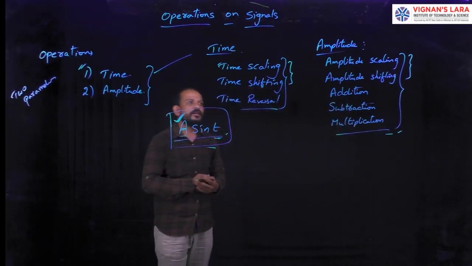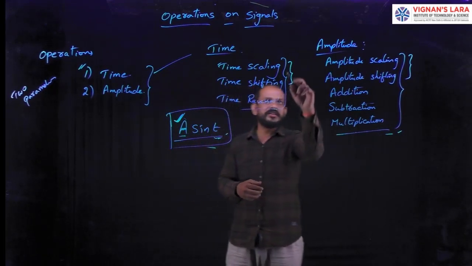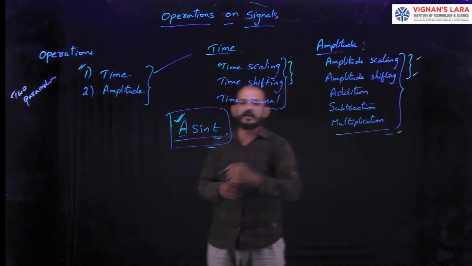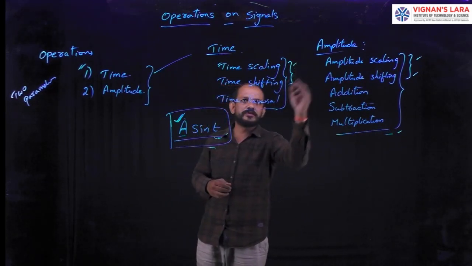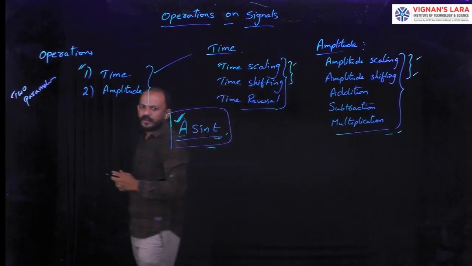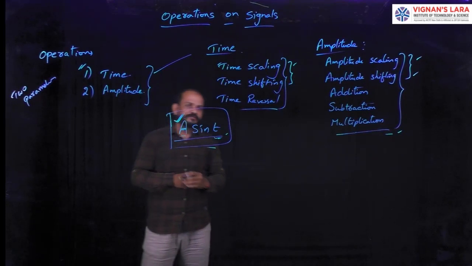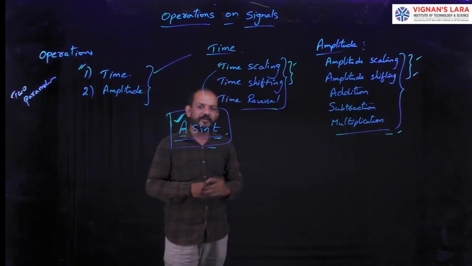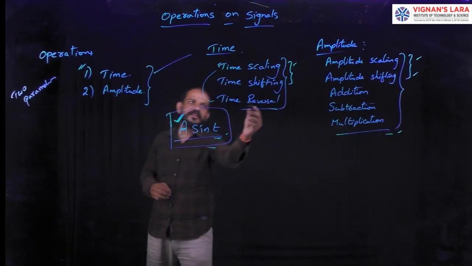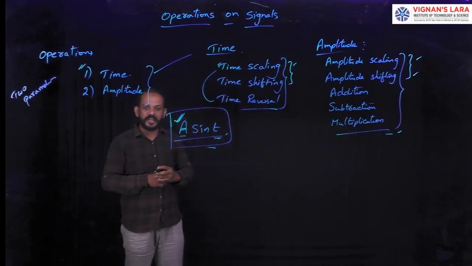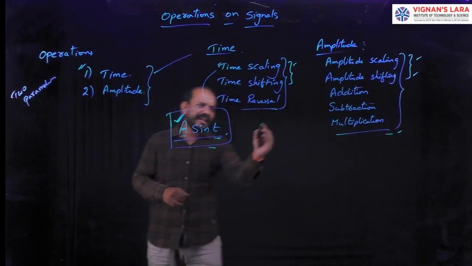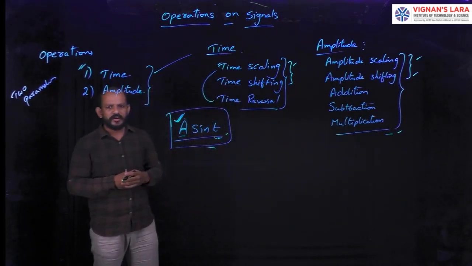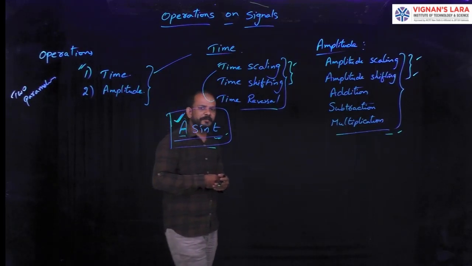In that regard, they have given only these two in your syllabus with respect to amplitude, and with respect to time, only these two. And the last one is time reversal. Actually, this time reversal is a special case of time scaling. I will explain that at that time. Time reversal is also called the folding operation, or reflection of the signal with respect to the time origin.